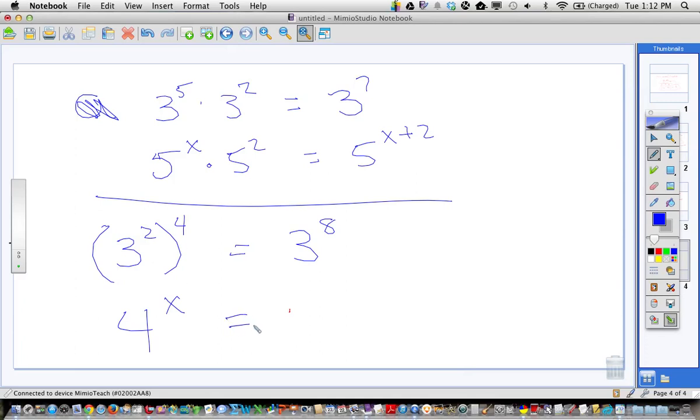There might be a reason in a function where we'd rather see it as a power of 2. Well, what you can do is rewrite the 4 as 2 squared, correct? And now you have a power on a power. Well, this would be equivalent to 2 to the 2x, right? Because power on a power.